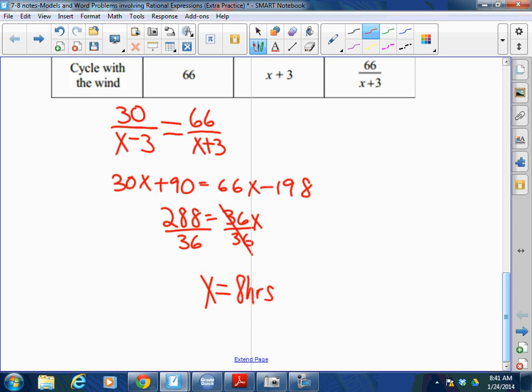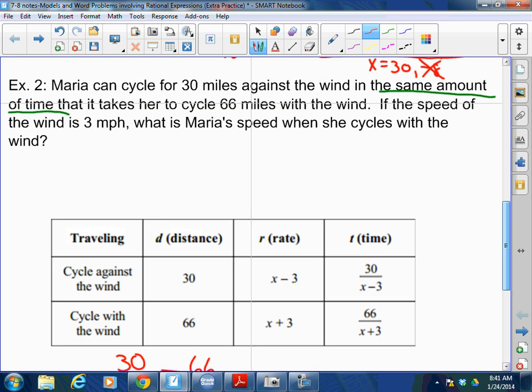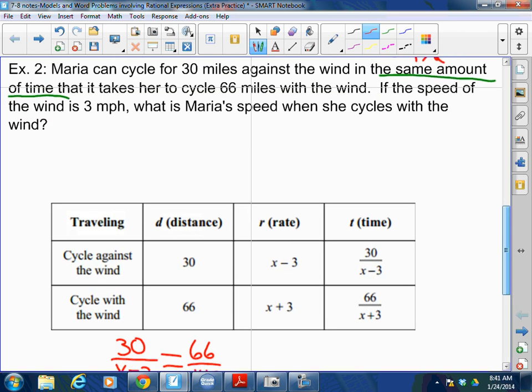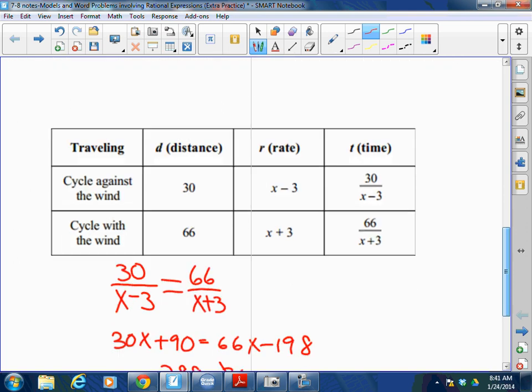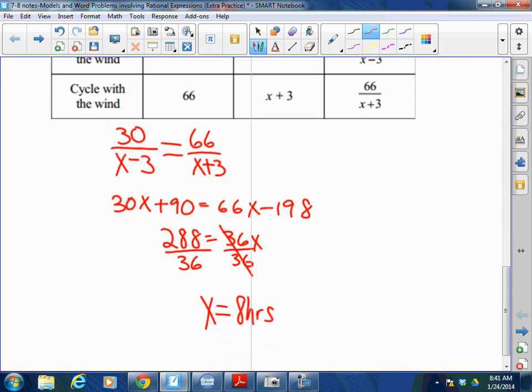So it took 8 hours. So at the end, what is Maria's speed when she cycles with the wind? It'd be 11, guys. 8 plus 3 would be 11 miles per hour with the wind.